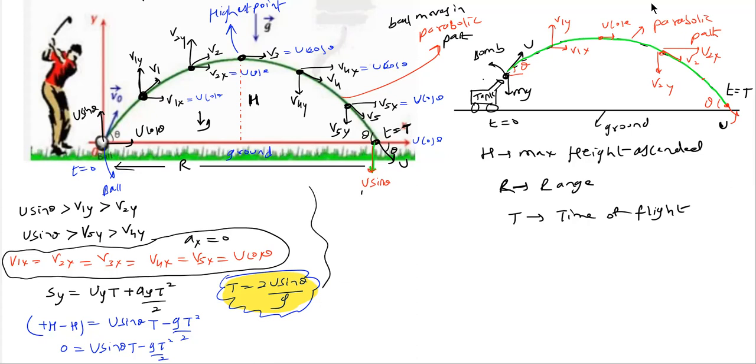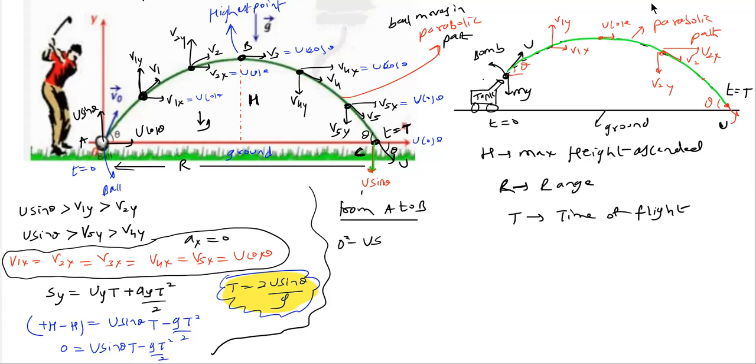Okay, fine. Now we'll give some names: A, B, and C. From A to B, we'll apply equations of motion.